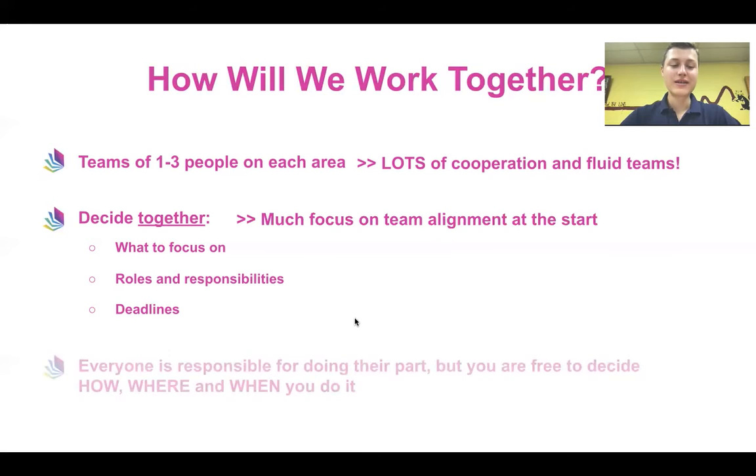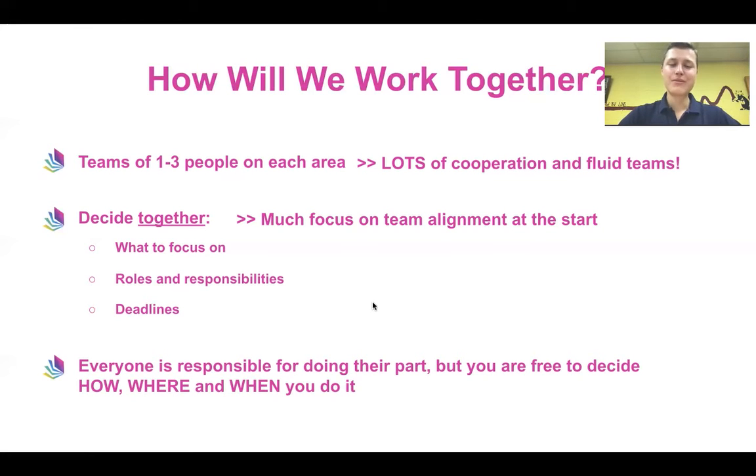Apart from that, everyone is responsible for doing their part, but you as an individual are free to decide how, where, and when you do your work. As long as you meet deadlines, produce quality work, and cooperate well with everyone else, it's totally up to you how, where, and when your job is accomplished.